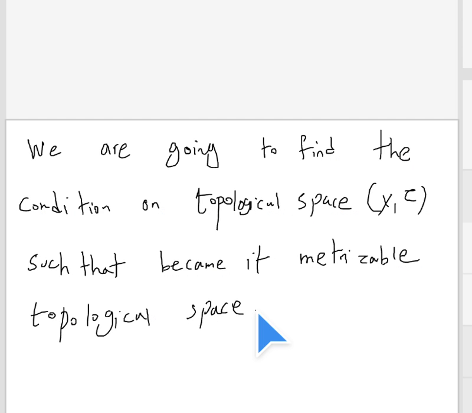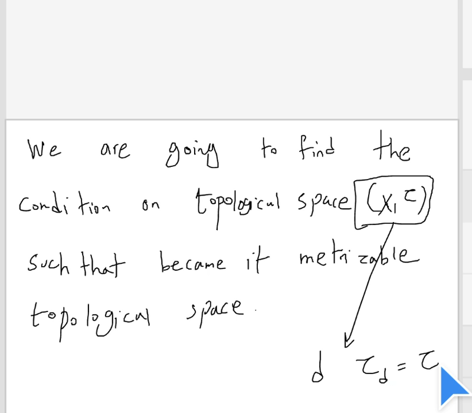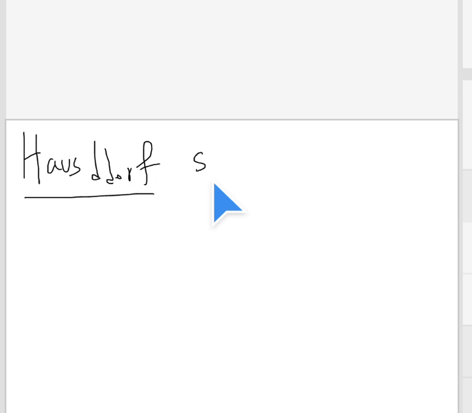Okay, I find some condition on a topological space that lets us find a d such that tau_d is equal to tau. The first condition is Hausdorff. What is a Hausdorff space?